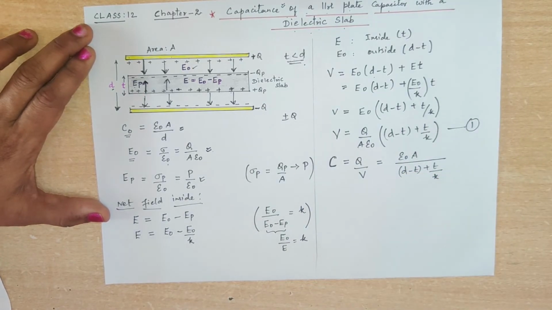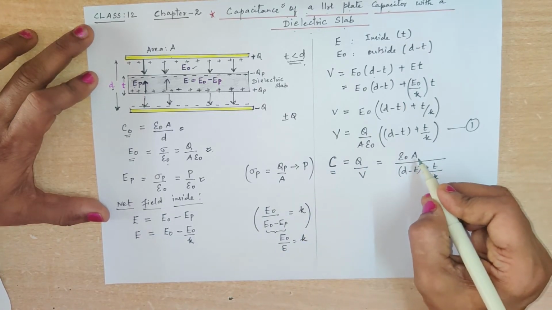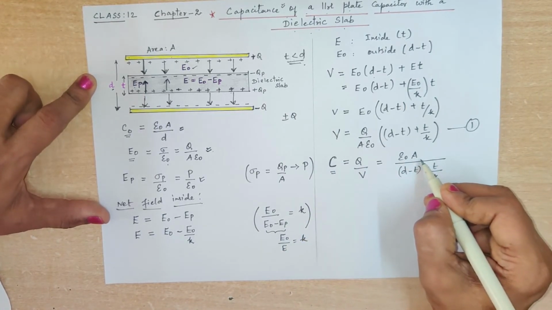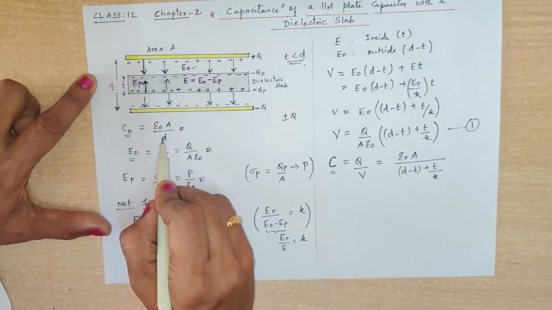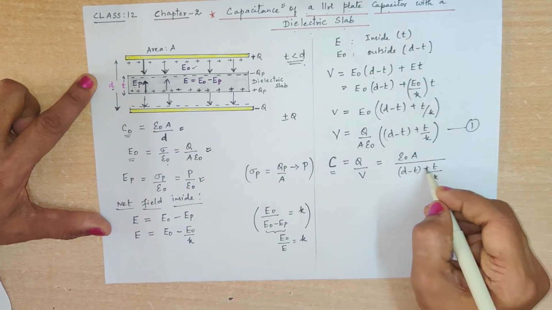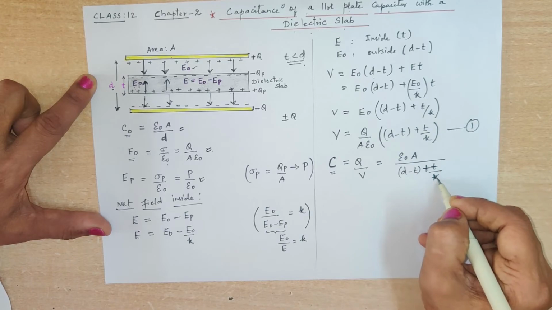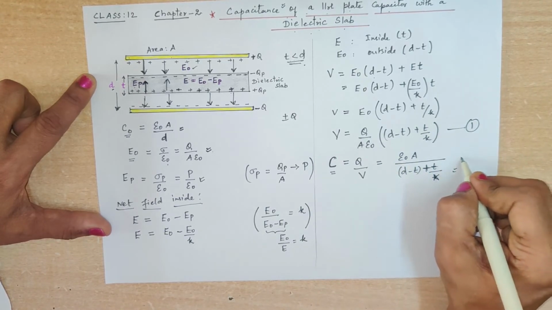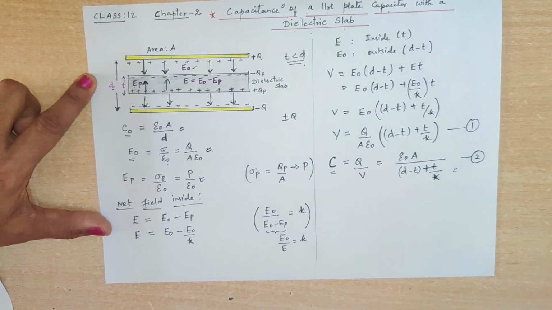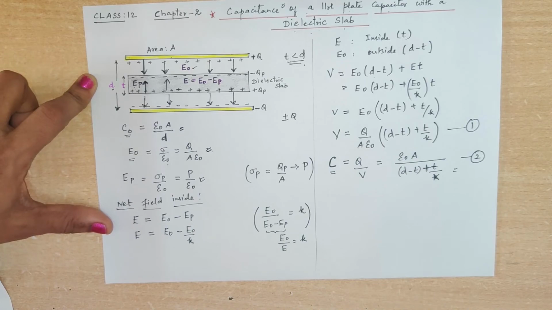This is the final expression for the capacitance. In the common formula we have D only in the denominator, but because of the introduction of the dielectric slab of thickness T and dielectric constant K, the denominator changes in this order. So this is equation 2, the final expression for the capacitance of a capacitor with a dielectric slab.